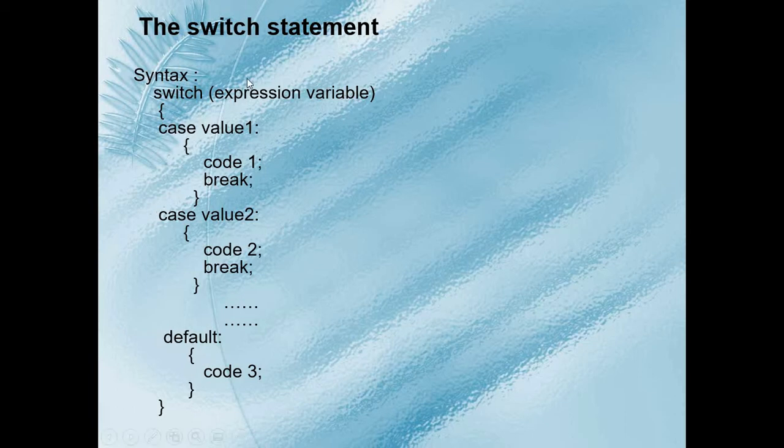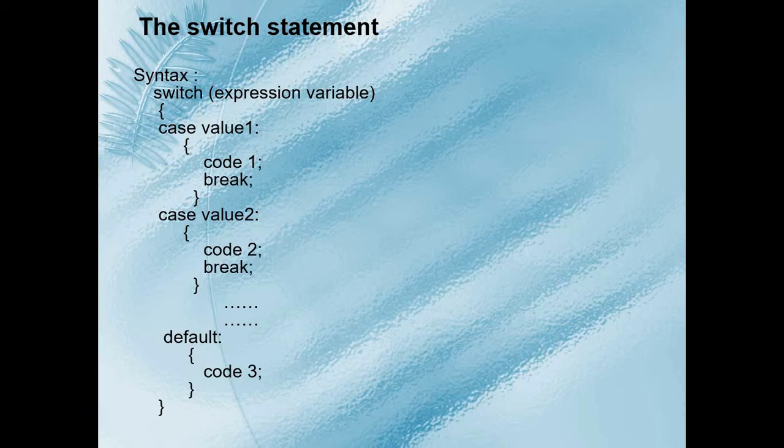For example, as we discussed in the previous slide, if the expression variable matches with the value of case 2, then the statements given here are executed and other case blocks are ignored. Suppose the expression variable does not match with any of the case values, then it executes the statements given in the default block. This is how the switch statement works.